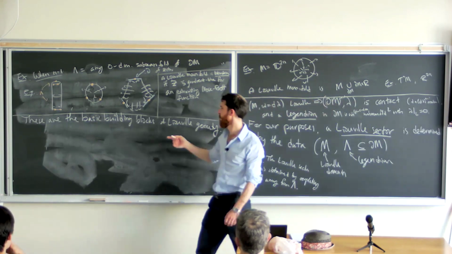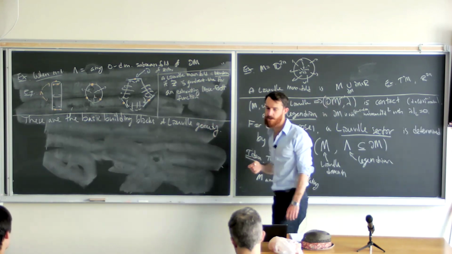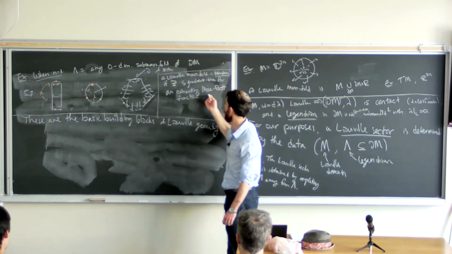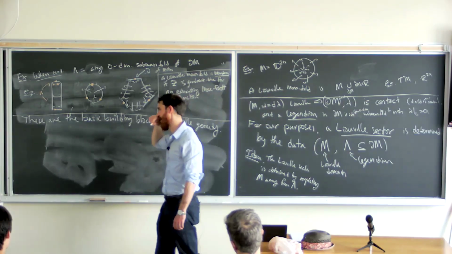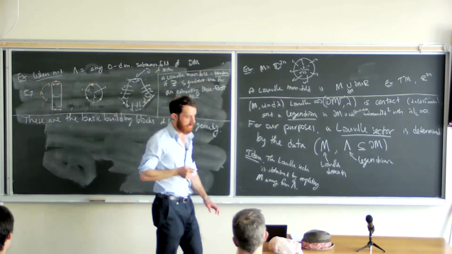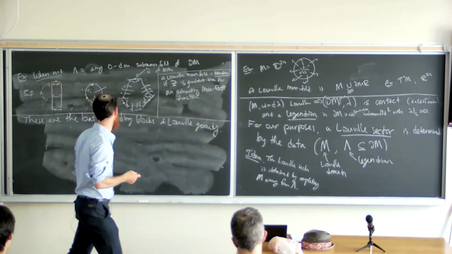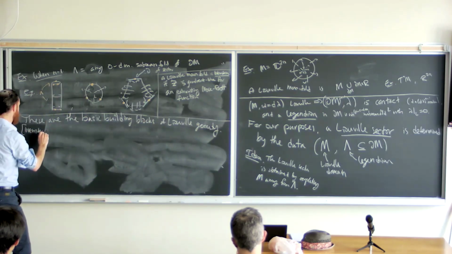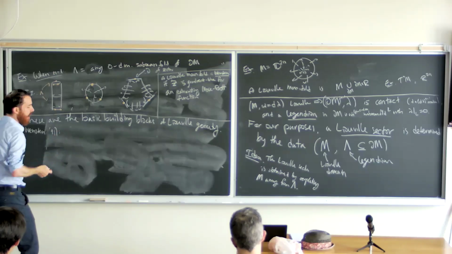So what do I mean by saying that these are the basic building blocks of Liouville geometry? How did these guys get the name Weinstein manifolds? Basically, it comes from this construction that Alan Weinstein described back in 1991.